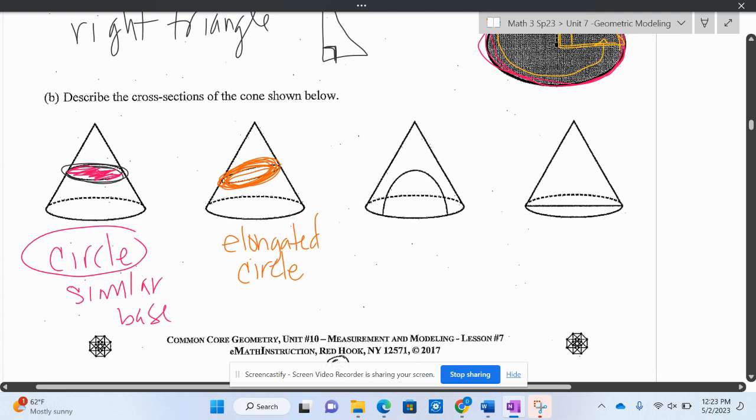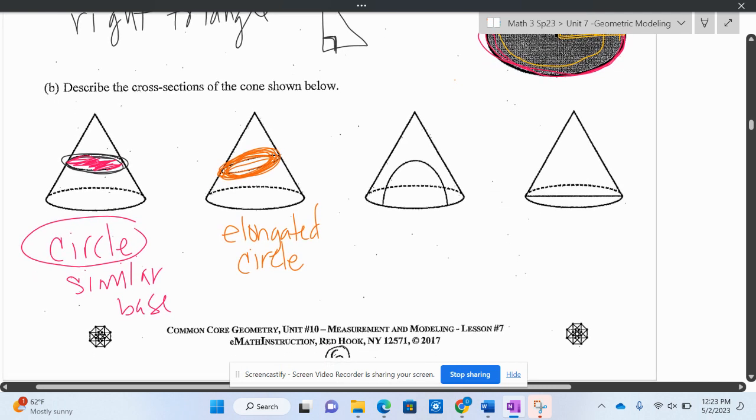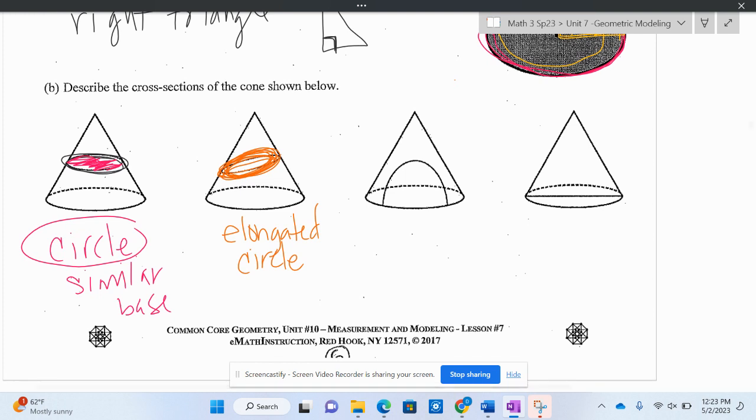You do quadratic functions in math too, so you should have heard this word before. Have you guys heard that? An ellipse? Okay. So it's an elongated circle or an ellipse. That's really what it is.